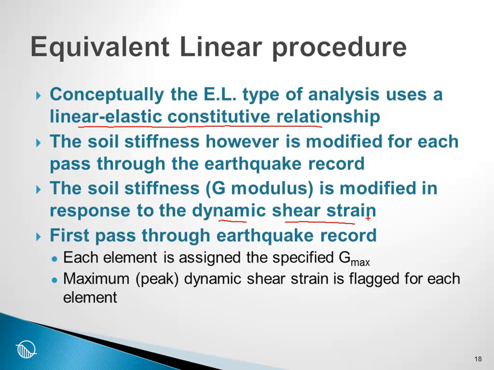So to begin with, the first pass through the earthquake record, each element is assigned the specified Gmax, or the specified stiffness, and then we seek to find the maximum or the peak dynamic shear strain for each element. So the dynamic peak shear strain is flagged for each element.